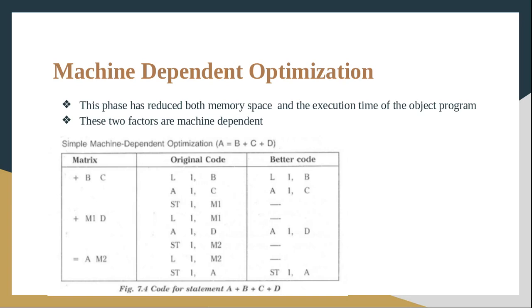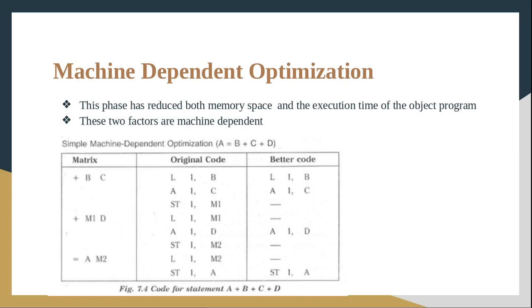If we are optimizing our object code, it is called machine dependent, because those instructions use the real physical register numbers. So the optimization of machine object code is called machine dependent optimization, whereas optimization of intermediate code is called machine independent optimization, which we have already discussed in the code optimization phase. So we will see what machine dependent optimization is.